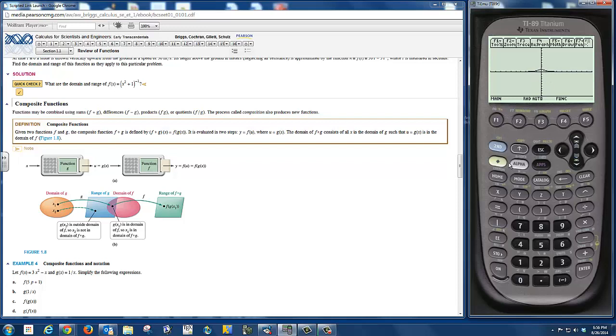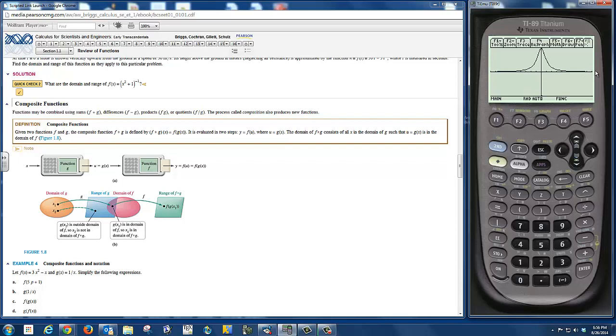Okay. Notice it doesn't go very high, so we should probably change our window. Looks like it maybe goes up to 1. So let's change our window. How about we make the Y minimum and maximum -1 and 1. Let's see if that helps us. And let's graph. Alright, so it looks like the domain, it looks like it's running the whole length of the inputs along the x's.